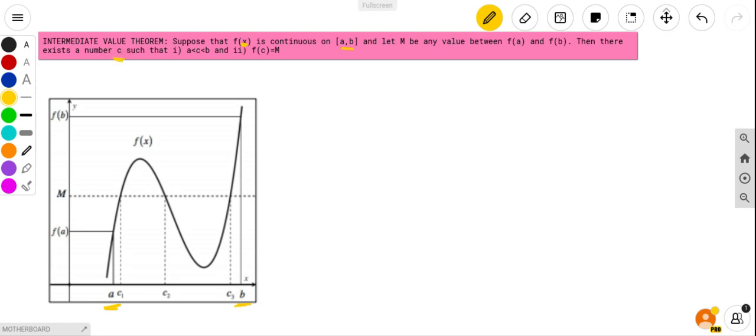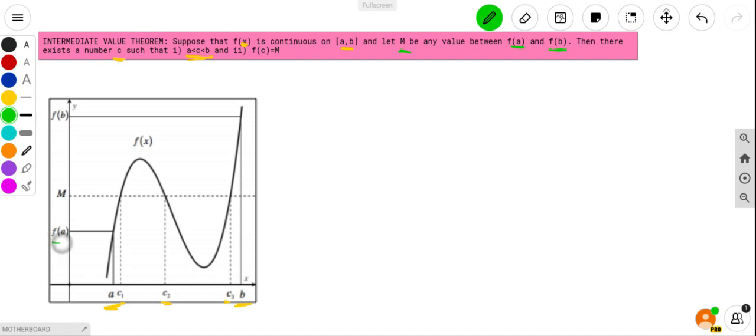So we're talking about a c here, a c there, a c there. Like at least one of these is guaranteed to exist. And we're saying that that number has to be between a and b, right? But now they also introduce something else. They're saying let m be a value between f of a and f of b.